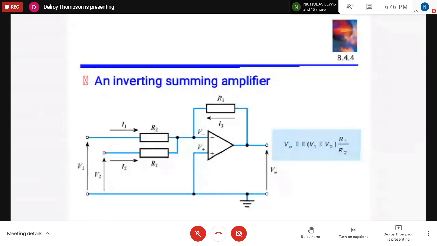Yes, sir. Good. So now, if we write the expression fully in terms of voltage and resistance, from the input side we're going to have V1 over R1 plus V2 over R2, which is going to equal minus VO over RF.